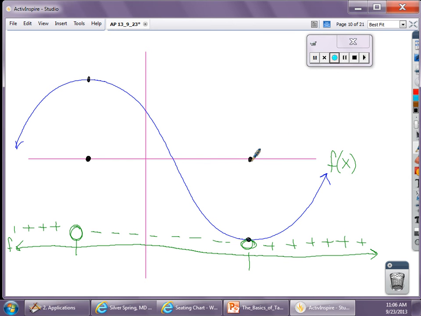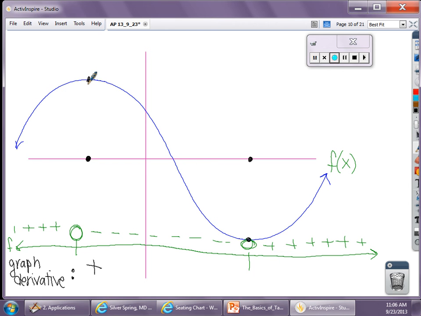Okay. So, when graphing the derivative, I'm going to put it underneath. I'm going to write it a little bit differently. So when you graph the derivative, the plus sign that you had for f prime, how does that graph on here? Well, plus signs tell you that the curve was increasing. That was what we learned on Friday.